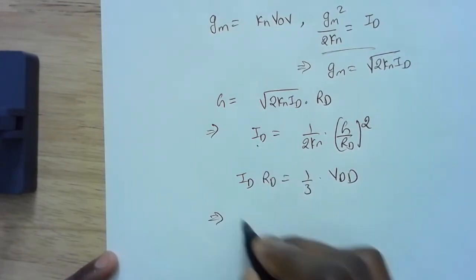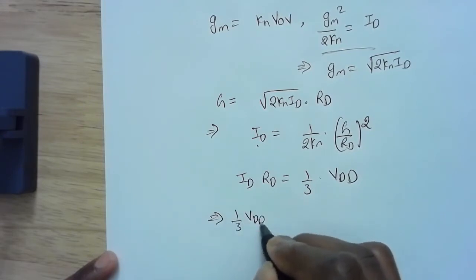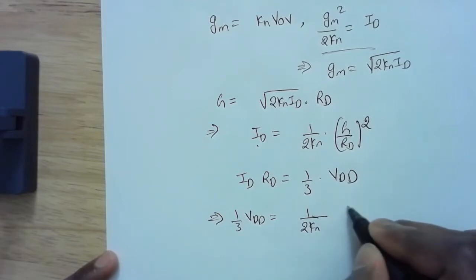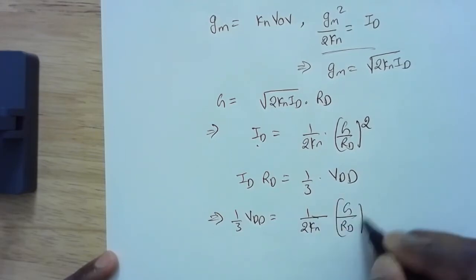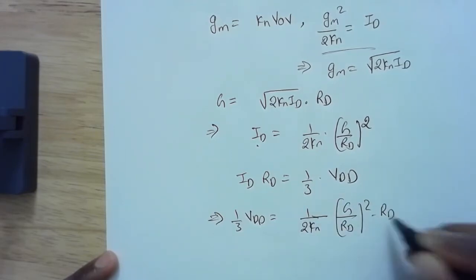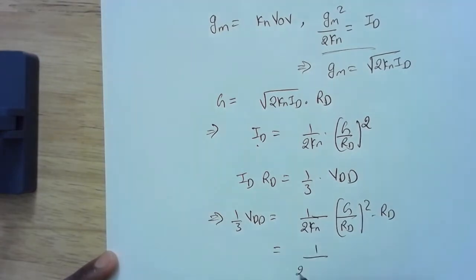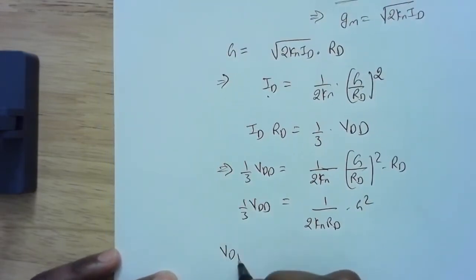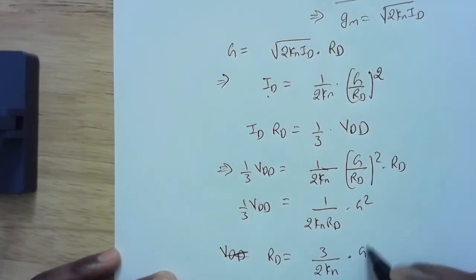So 1/3 VDD is equal to 1 over 2KN, G over RD, squared, times RD. So this is equal to 1 over 2KN RD times G squared is 1/3 VDD. So that means my RD should be equal to 3 over 2KN, G squared over VDD.